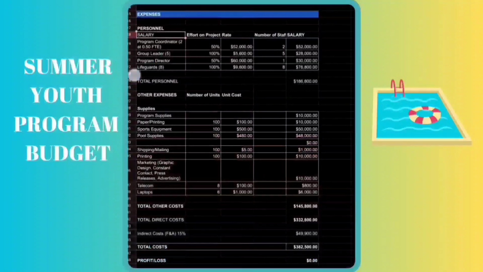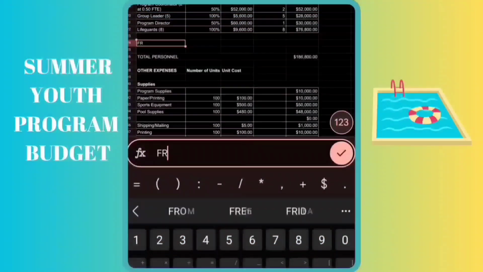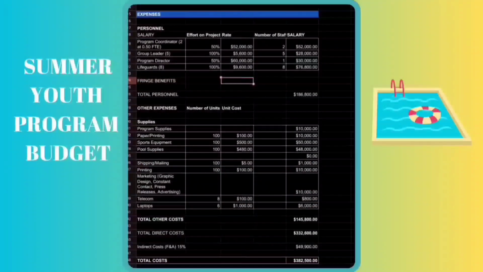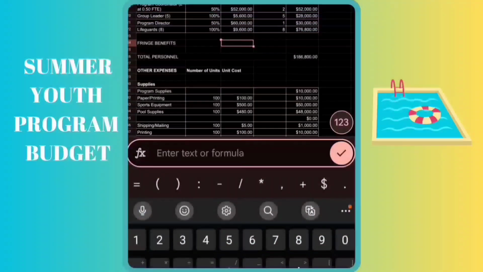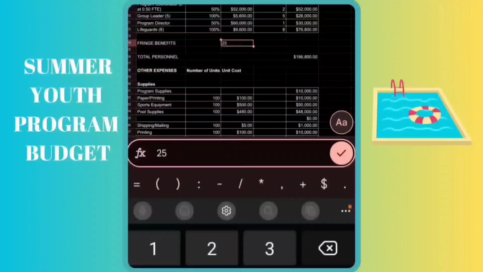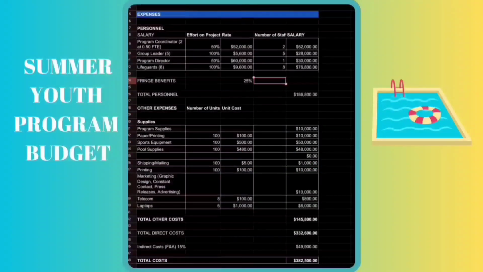The first part of the personnel will be salary. The second part will be the fringe benefits, as discussed. So what we do to calculate the fringe benefits, let's say there's a fringe benefit rate of 25%.